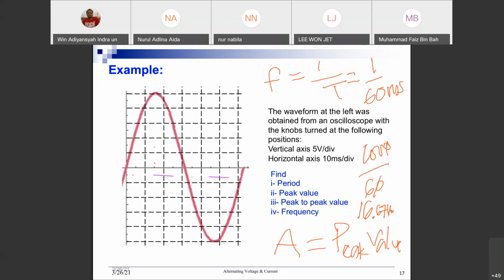Okay. Any problem with this one? So this is what you're going to see a lot in the oscilloscope, because there will be divisions there. There will be boxes. So one box represents a value for how many volts or how many seconds for a division.